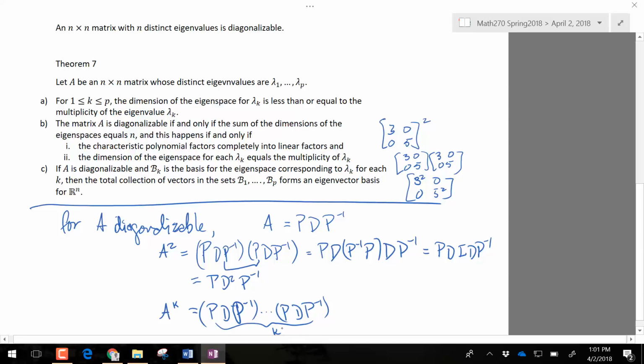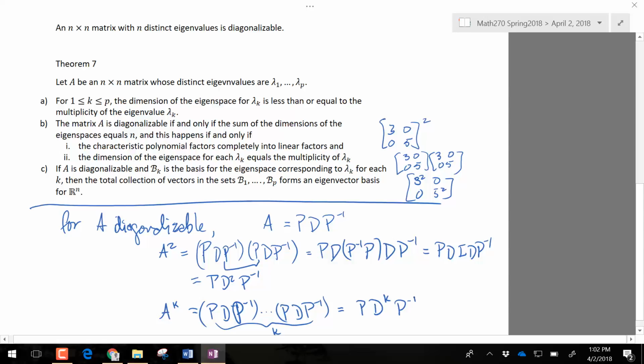And then the P inverse times P is going to cancel out throughout the middle. You should work out A to the third, A to the fourth, A to the fifth, so you can convince yourself that this is actually true. But this will reduce to P D to the k P inverse.